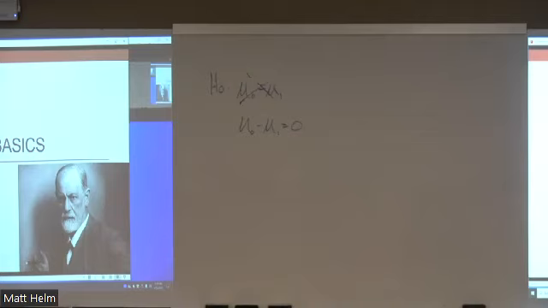This is the fundamental building block of, it's a simpler case of that general linear model.